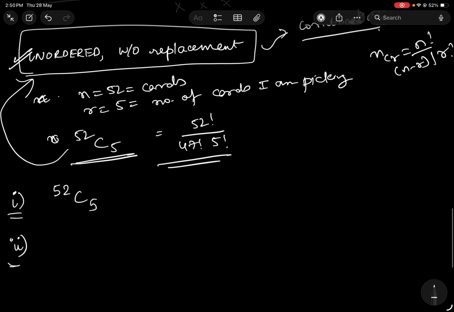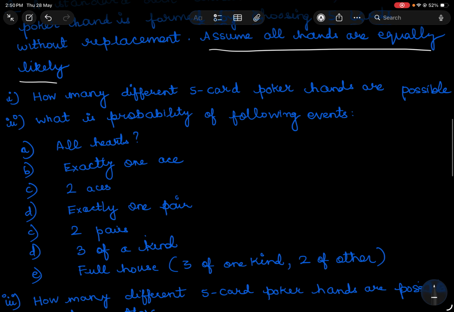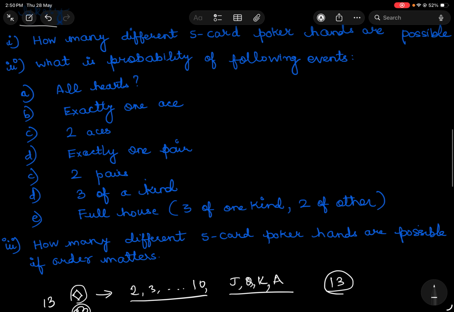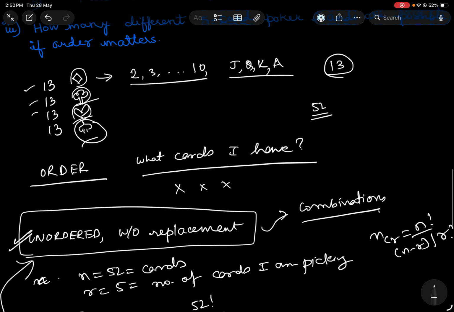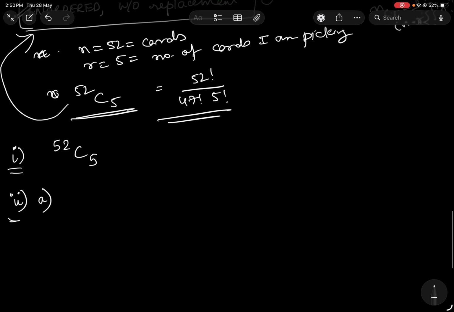Now, this is where we are calculating the probabilities. Let's see. What is the probability of all hearts? So I have defined, right, we have 13 of each, and the question is, what is the probability that all the 5 cards that you pick are hearts? So the denominator is fixed, it is this. Now if I want to get all hearts, I know that my choice must be from those 13 hearts only. I should not choose from anything else. So 13C5.